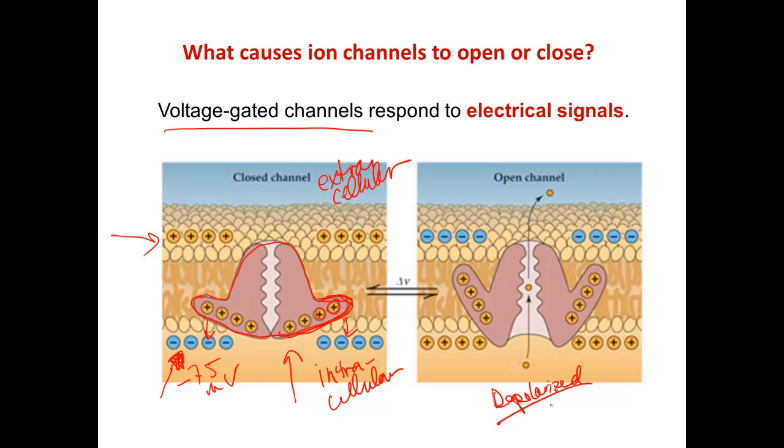Okay, and that depolarization, making the inside more positive, then causes that membrane protein to change shape, because the positive charge on the inside of the membrane is going to repel the positively charged portions of that protein. It's going to get pushed away, and that causes a conformational change in the entire membrane that opens up the pore in the channel and therefore allows ions to move through it.